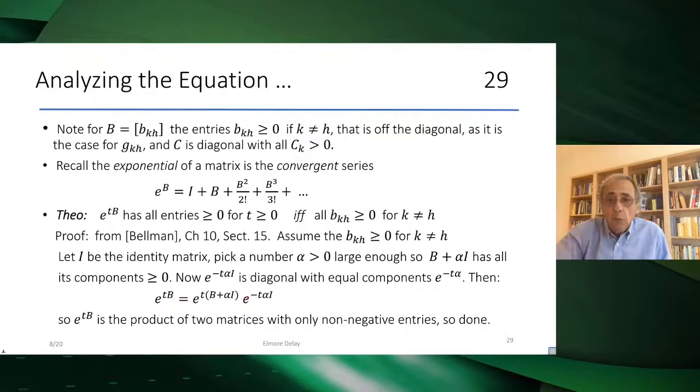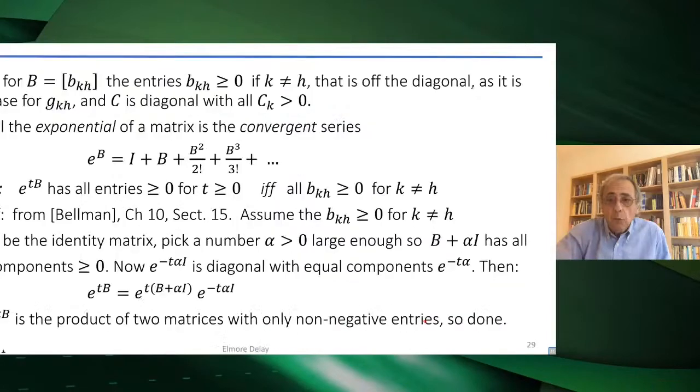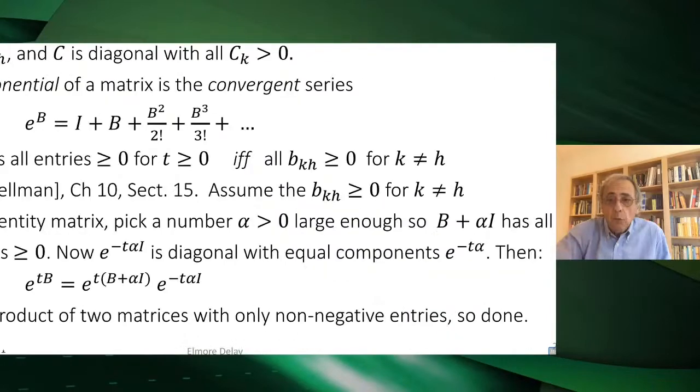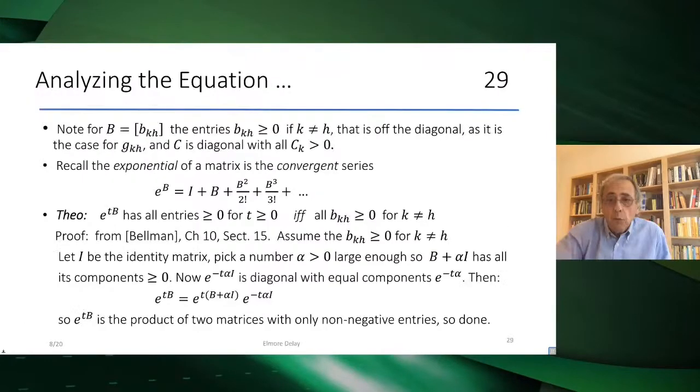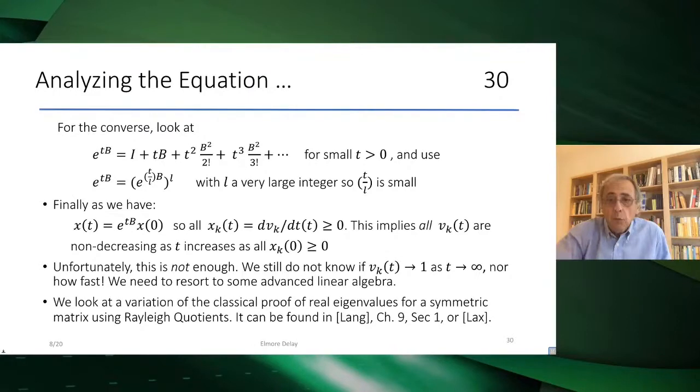As I say, everything commutes. And then you get that e to the tB is the product of two matrices with only non-negative entries. So we get a positive matrix. The converse, by the way, is also true. You have the proof there by doing a continuity argument.